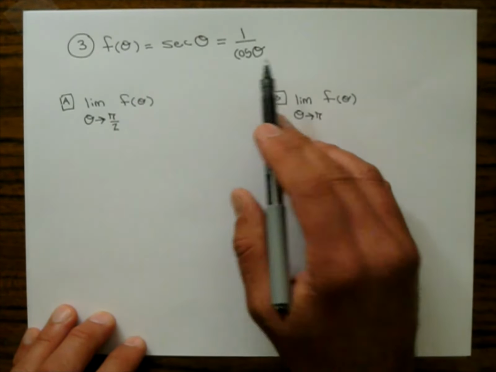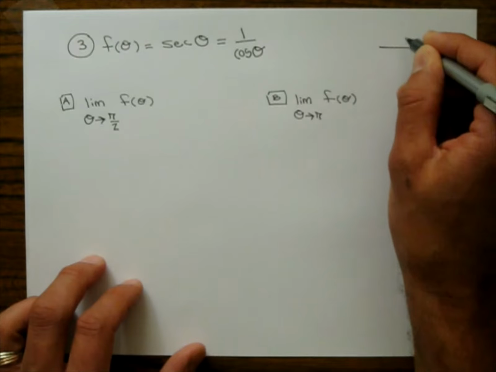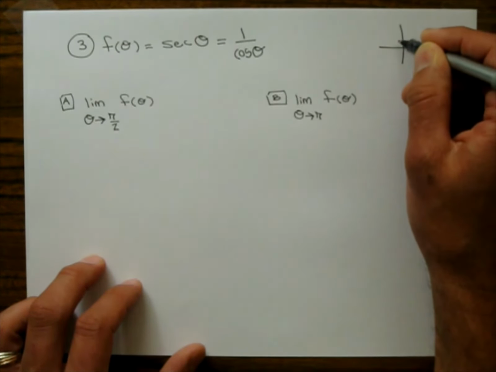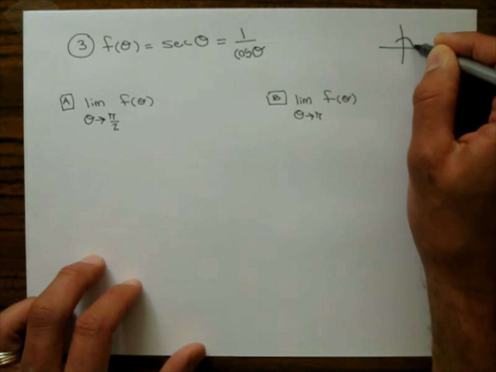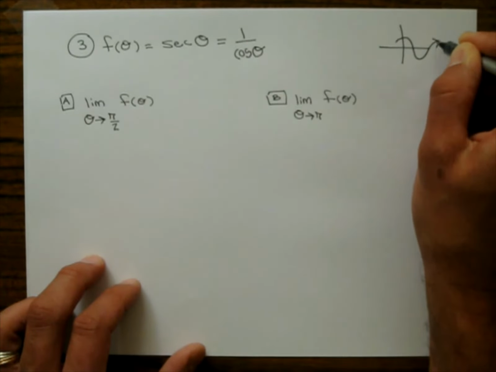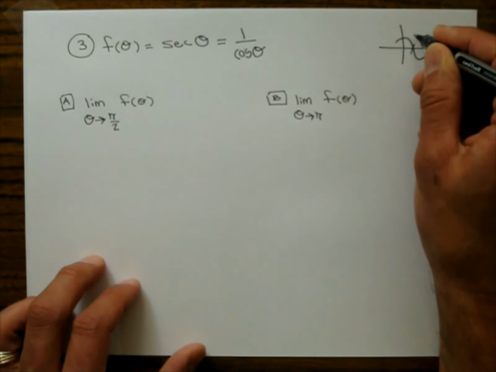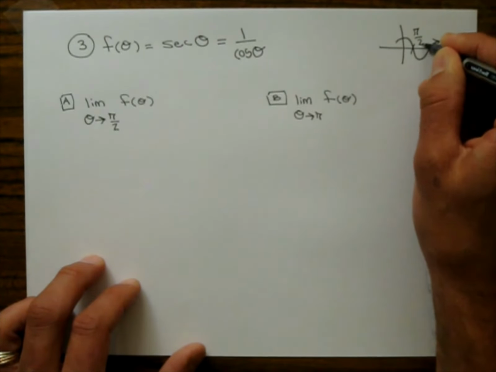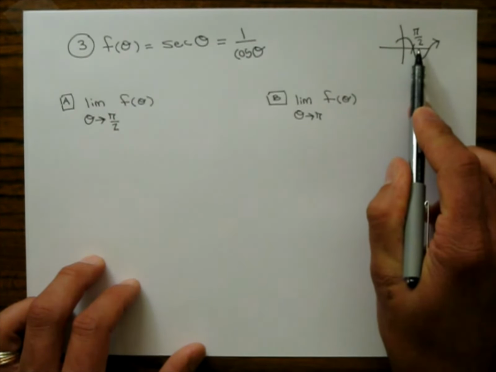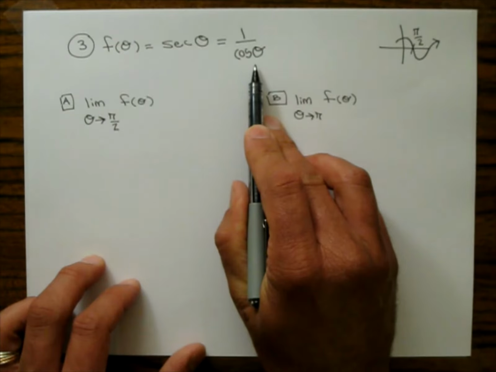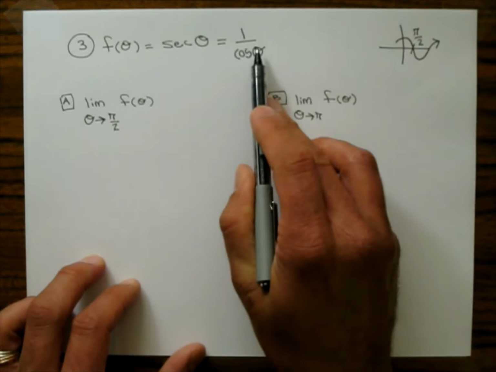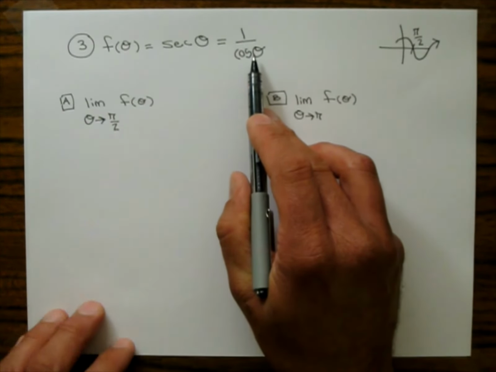Well, if you remember the graph of the cosine, so I'm not doing the graph of the secant, if you just remember the graph of the cosine, you know at pi halves, that is 0. So that's 0 at pi halves. So you have 1 over 0, and you can't cancel anything.